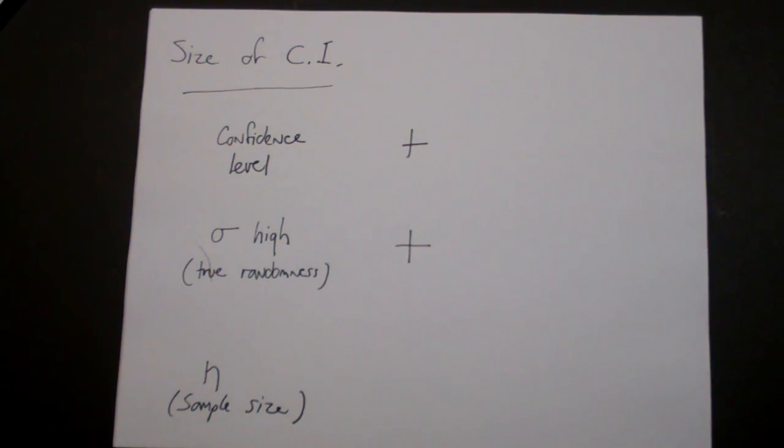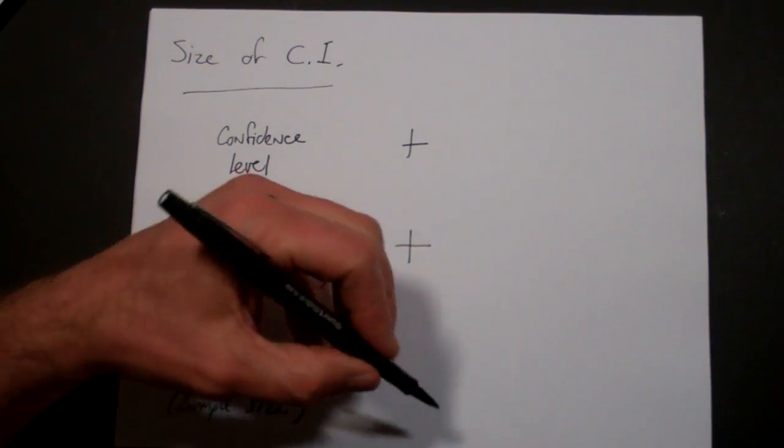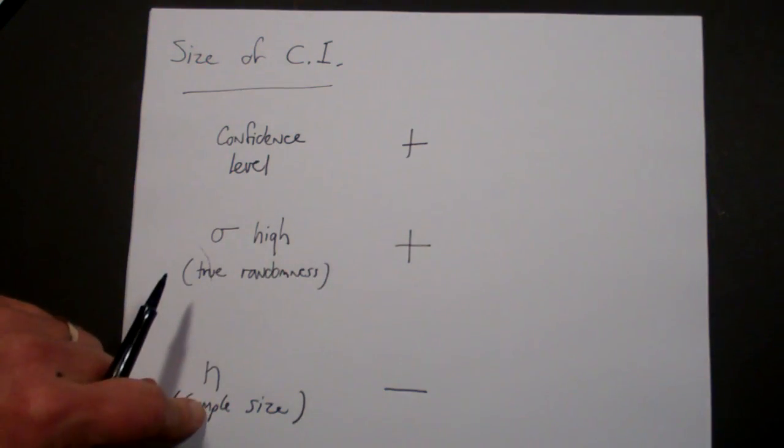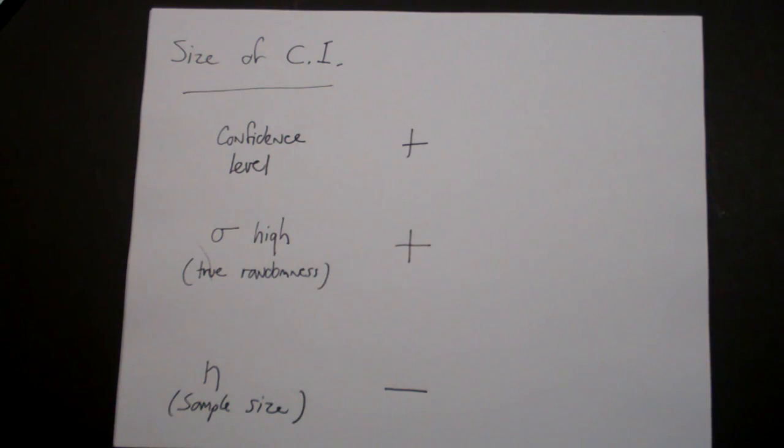But then your neighbor did the same thing, but rather than a sample of 20 people, took a sample of 200 people. Who would be more sure? Well, the person with the bigger sample size would be more sure. Another way to say that is that the confidence interval that they would need could be smaller. So the larger the sample size, the smaller the size of the confidence interval. And this is going to be true with all the formulas that we use.